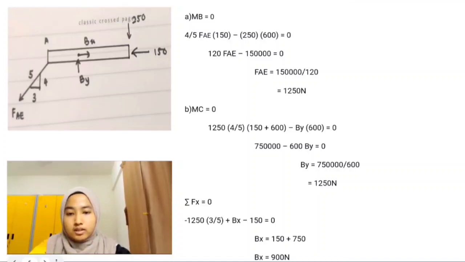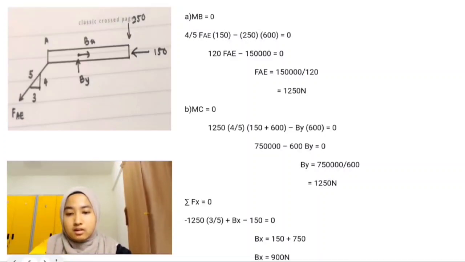So it be 120 FAE minus 150,000 equals to 0. Force AE equals to 150,000 over 120. So the answer for force at AE is 1250 Newton.